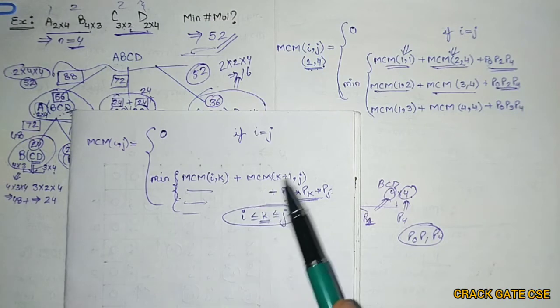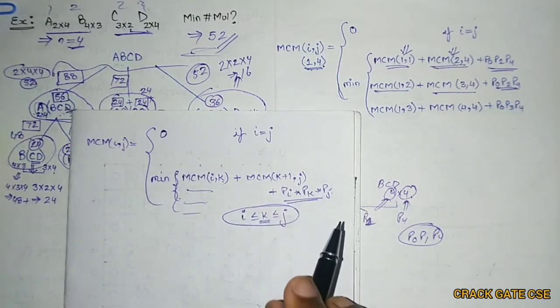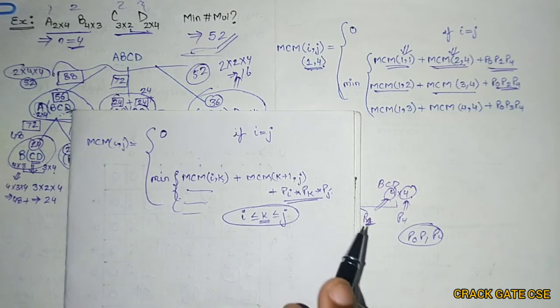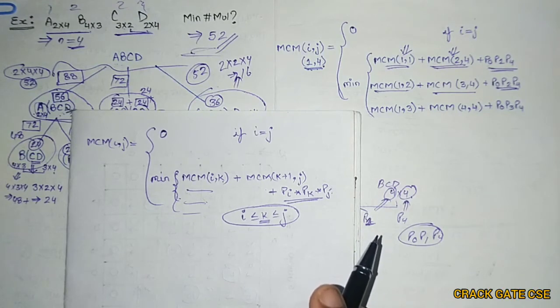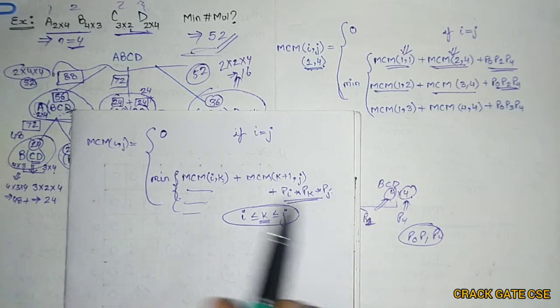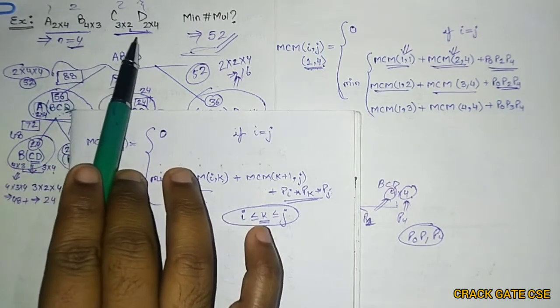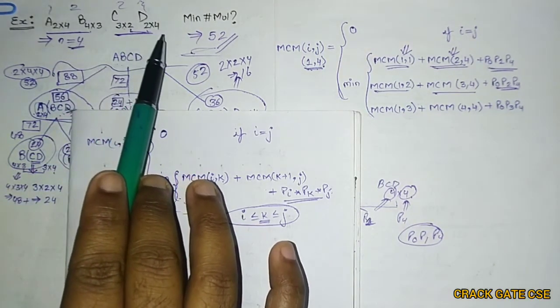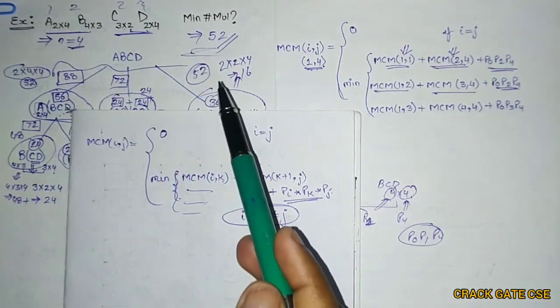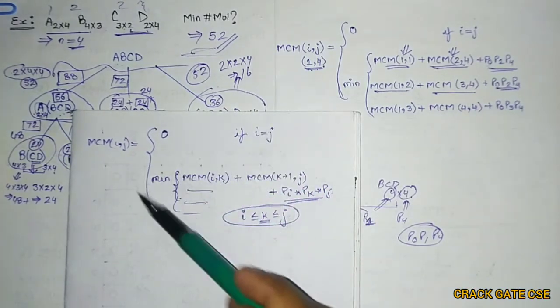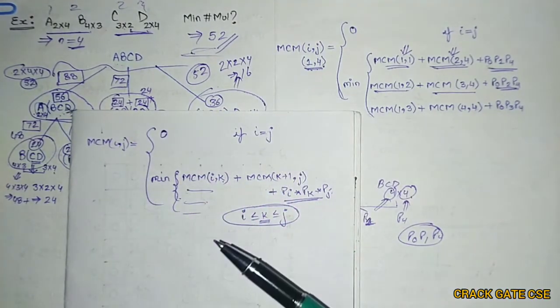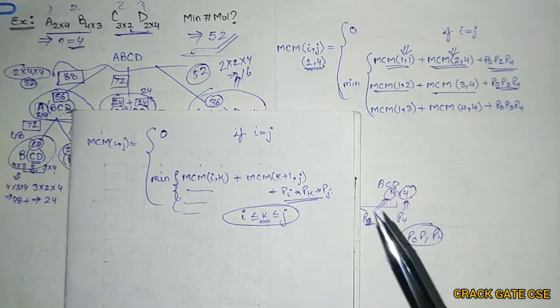Although the program or the algorithm will not be asked in a GATE question or in any competitive exam, so I'm not explaining it here. They only give you questions like this. They will give you some matrices and ask what is the minimum number of multiplications, or they can ask some question on the basis of this recurrence relation. So do not worry about the algorithm.